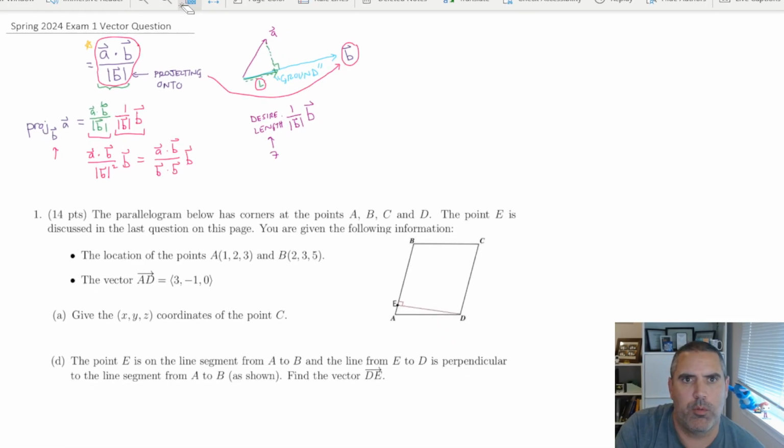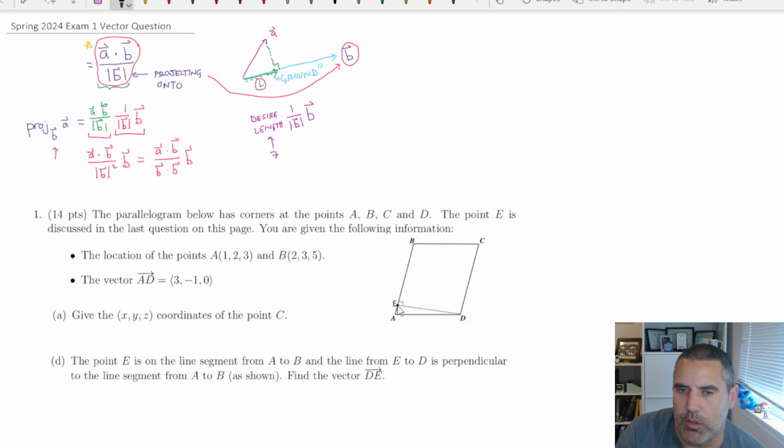The parallelogram below has these points, A, B, C. It has this little point over here. That's the part that might have to do with projection. The first problem says find the point C. Now, this wasn't what the student was asking, but I thought I would say something about this. Because ultimately, if you know it's a parallelogram, and you know this point is (1, 2, 3), and you know the vector.